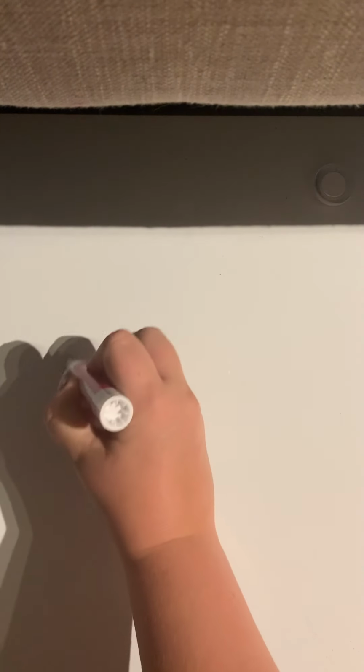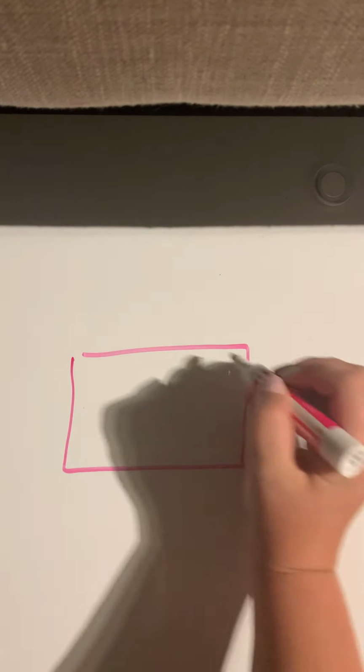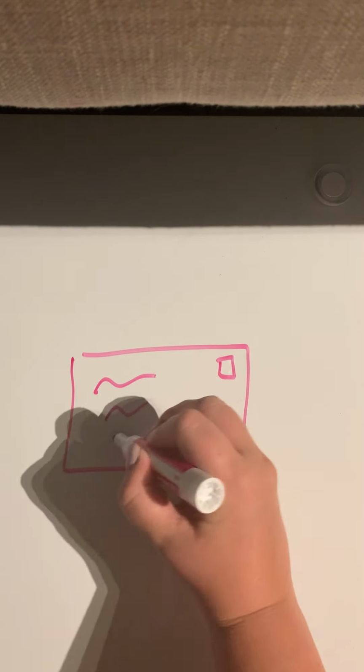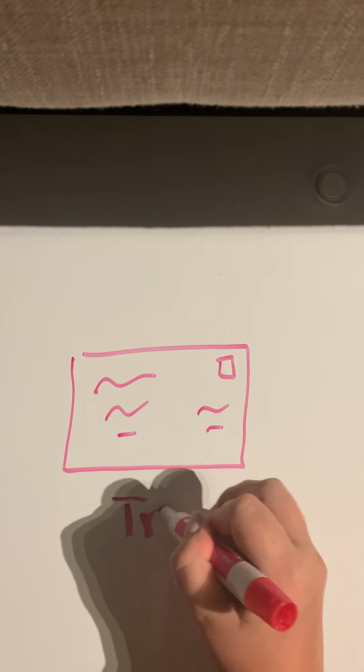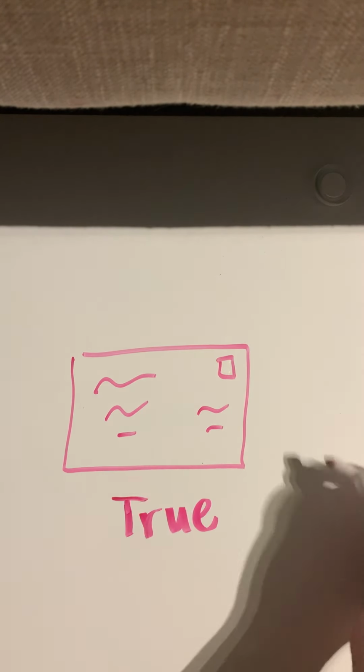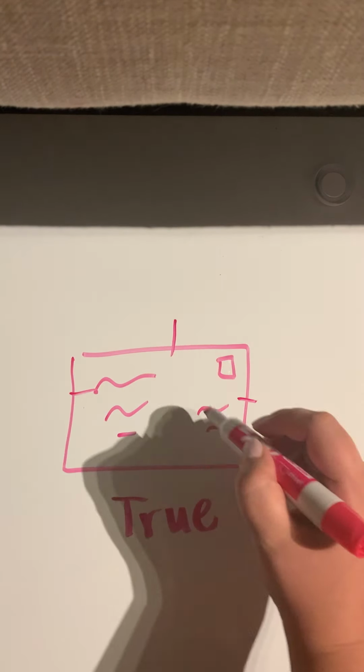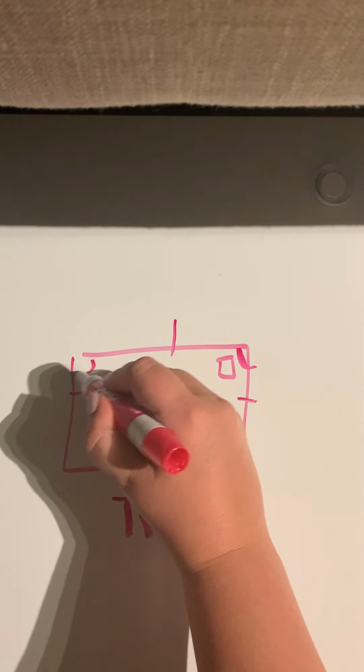The outline of a postcard is a quadrilateral. True or false? Excellent. You should have said true because it has 4 sides and 4 angles.